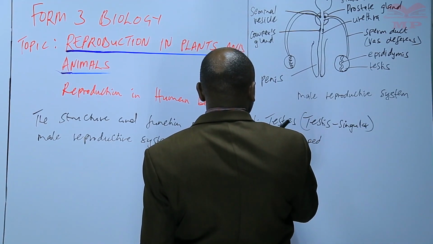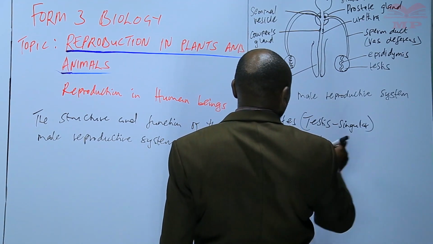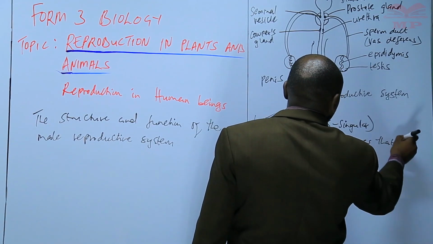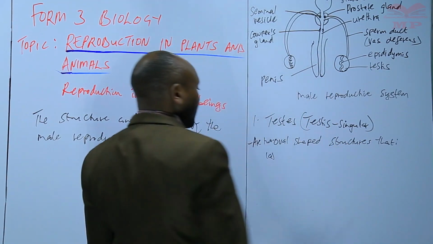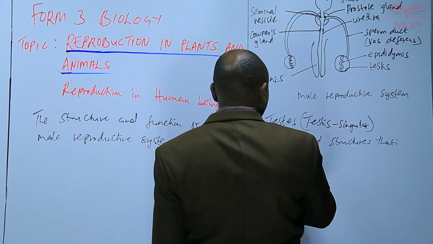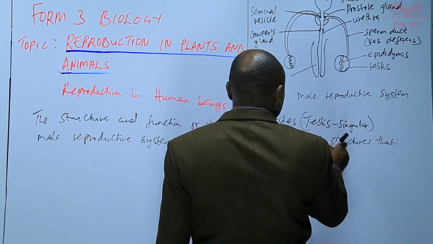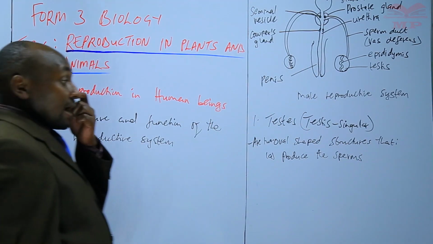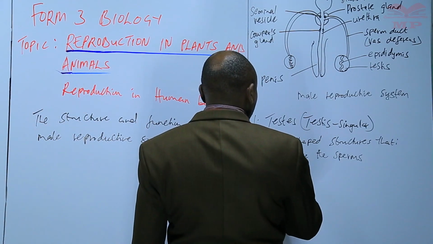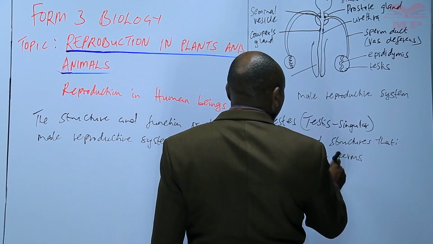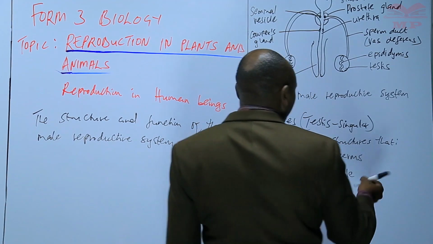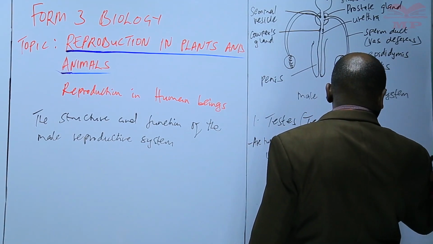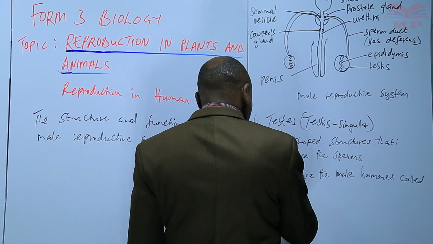So these ones are two oval shaped structures, and these structures produce the sperms, which are the male gametes, and number two, they also produce the male hormones called androgens.